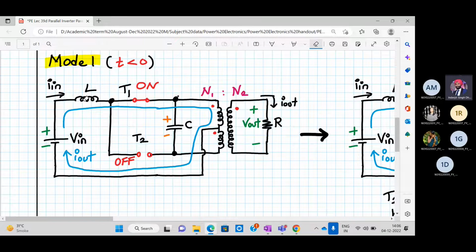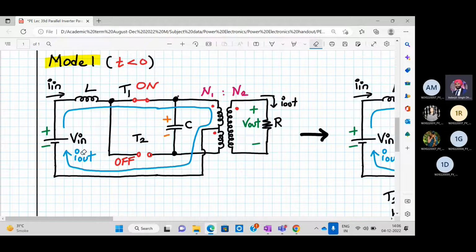The current will flow from the positive terminal of V in, through the inductor, SCR T1, then the upper half of the primary winding. It will not flow through the lower half of the primary winding. Then it will flow back to the minus V in. All right, so that is what will happen. Again, I repeat, the current will flow from the inductor through T1, the upper half of the primary winding, and back to the minus V in.